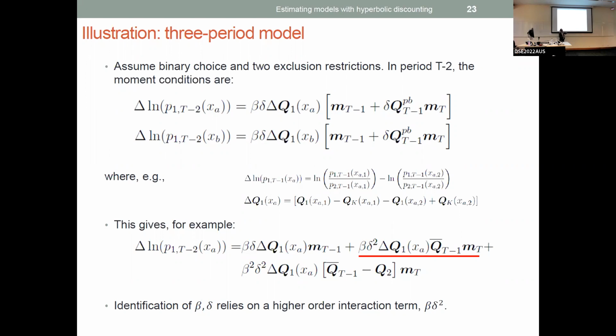It is quite obvious that if we didn't have this term here, beta and delta are really not separately identified. But in this 3-period model, we also have this extra term involving beta times delta squared. This nonlinear term will offer information to separately identify beta and delta. So it really hinges on some higher order interaction terms involving the discount factors.